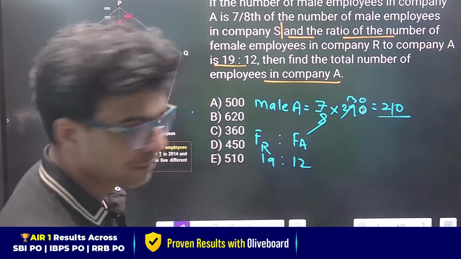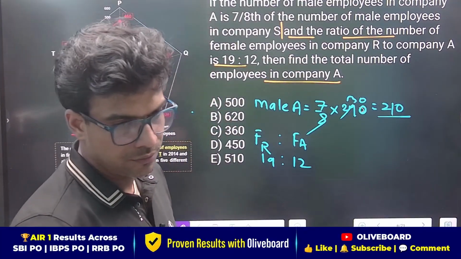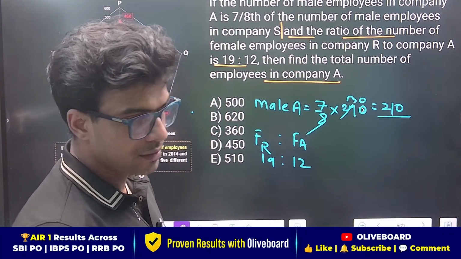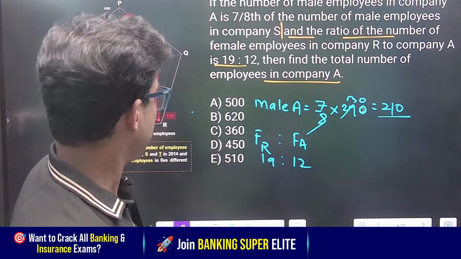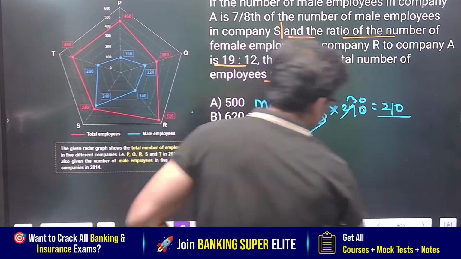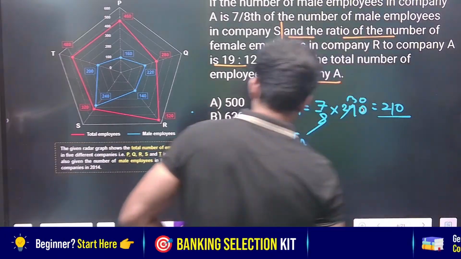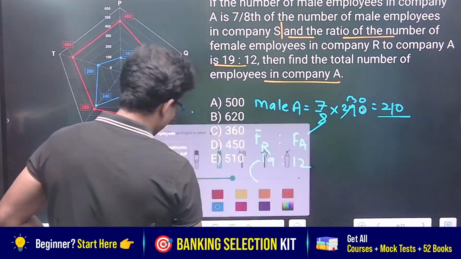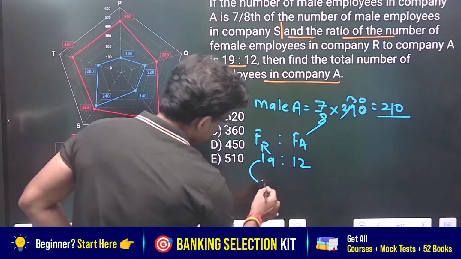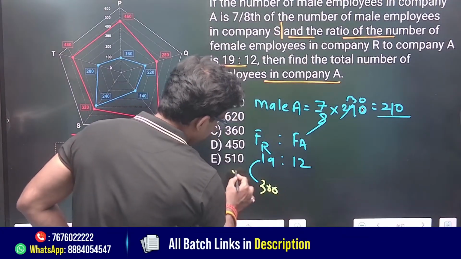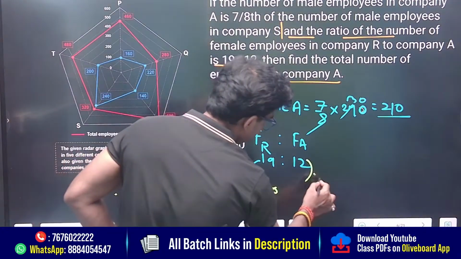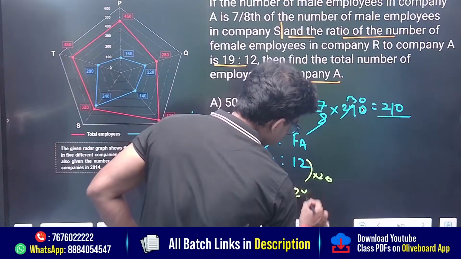R and A. Makes sense, yes or no? I hope this makes sense. Now female employees in R is 380. If 19 is 380, the multiplier is 20. Here also the multiplier will be 20, which becomes 240.